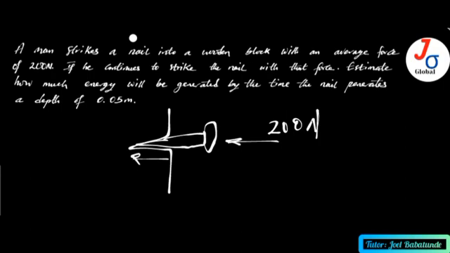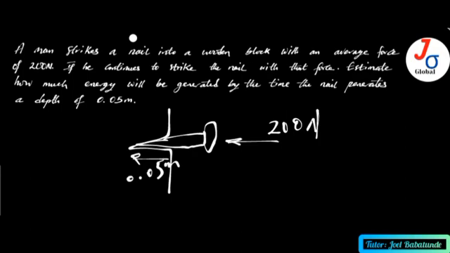If he continues to strike the nail with that force, estimate how much energy will be generated by the time the nail penetrates a distance of 0.05 meters. So when the nail has gone through that distance of 0.05 meters, what's the energy?